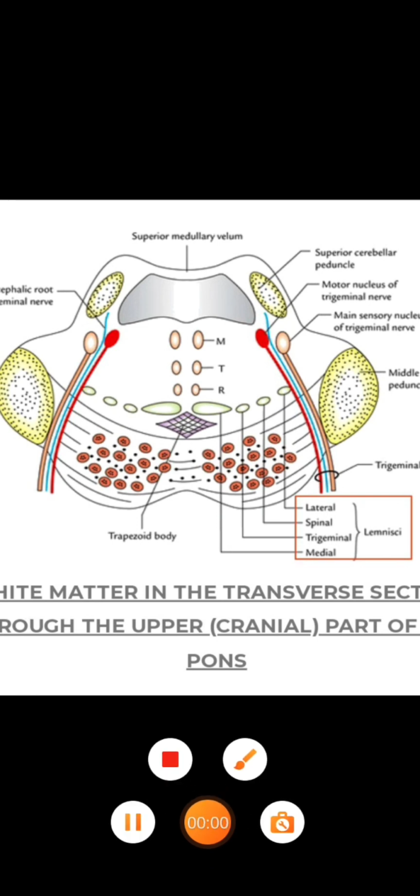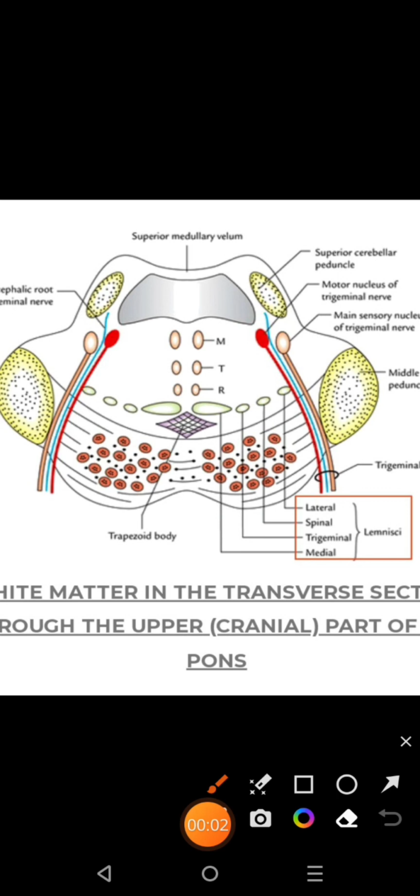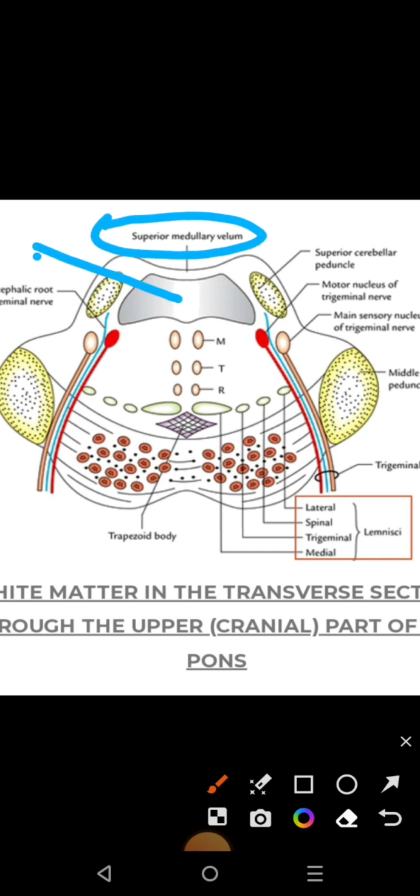Yes, now we will learn about the cranial or upper part of the pons, transverse section taken at the level of the trigeminal nerve. So, what striking structures would we see here? Now, you can see the superior medullary velum, and an important thing is that the cavity of the fourth ventricle is seen fully, that wasn't completed in the lower section.